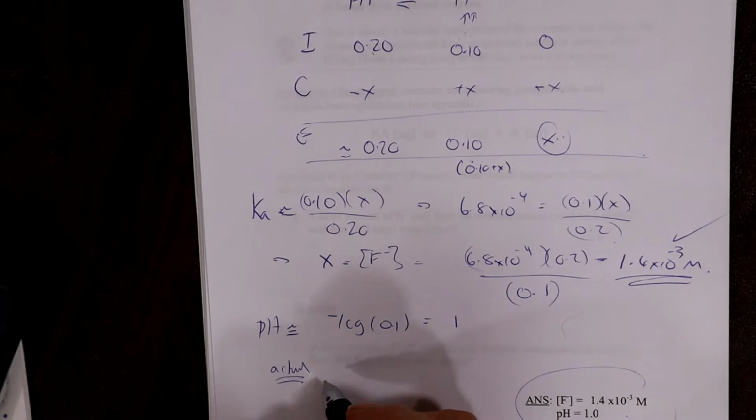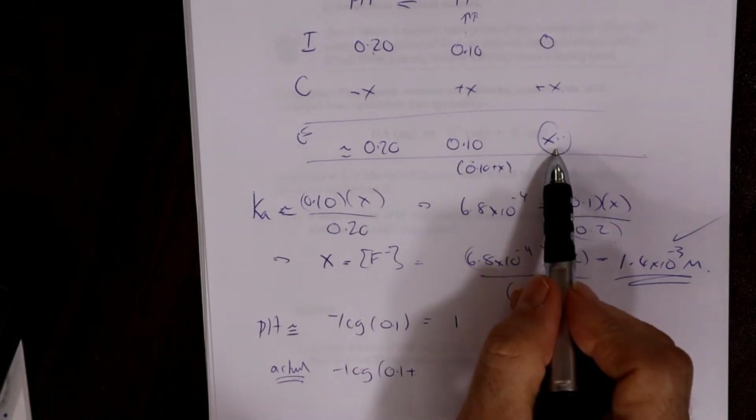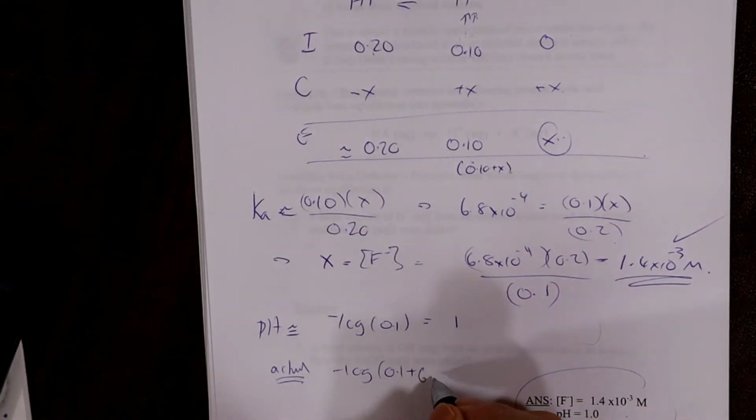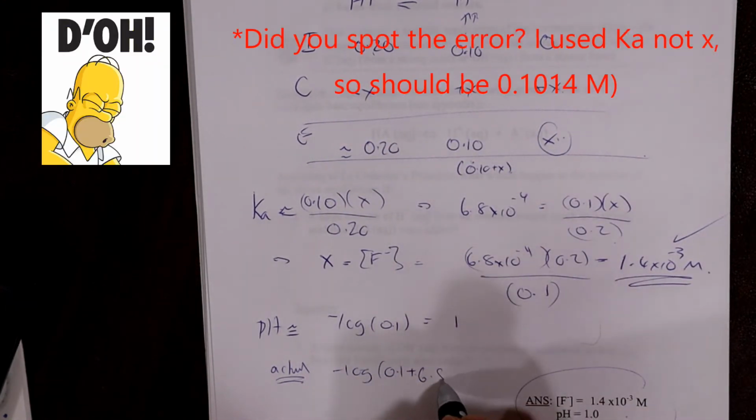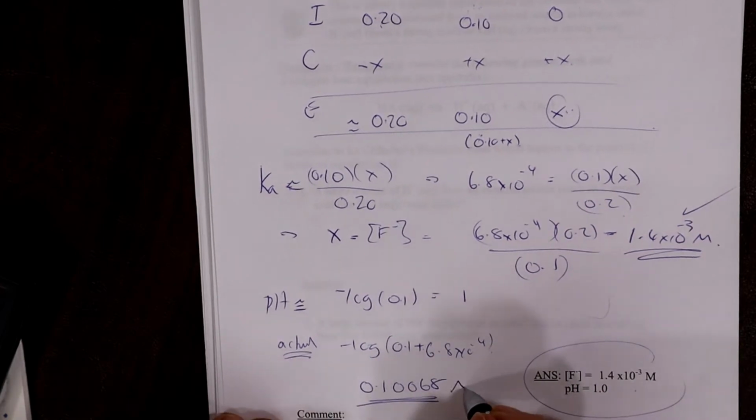The actual pH is the minus log of 0.1 plus, there's actually an extra little bit from the HF dissociation, oh, what was the number? Yeah, 6.8 times 10 to the minus 4. All right, so that is 0.10068. That's the actual concentration in everyday units, right?